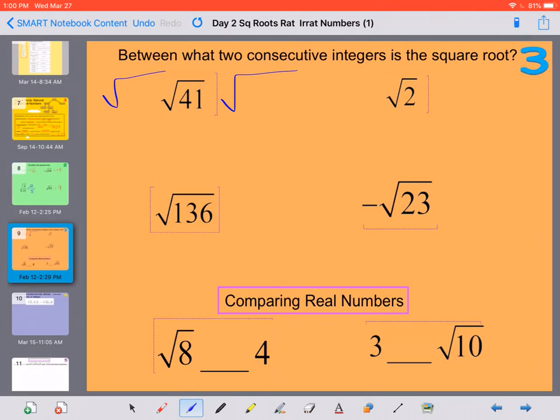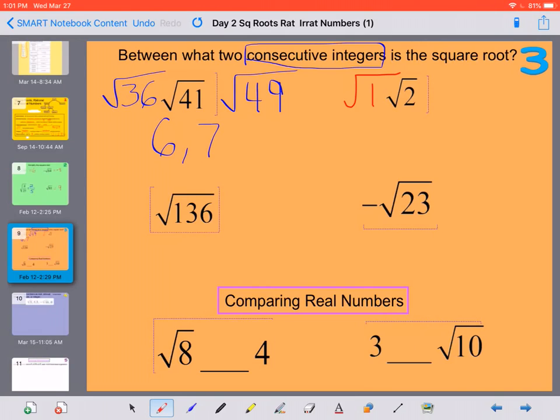So one before and one after 41. Well, I know the perfect square before 41 is 36, and the perfect square after 41 is 49. The square root of 36 is 6. The square root of 49 is 7. 6 and 7 are consecutive integers. So our answer would be 6 and 7.